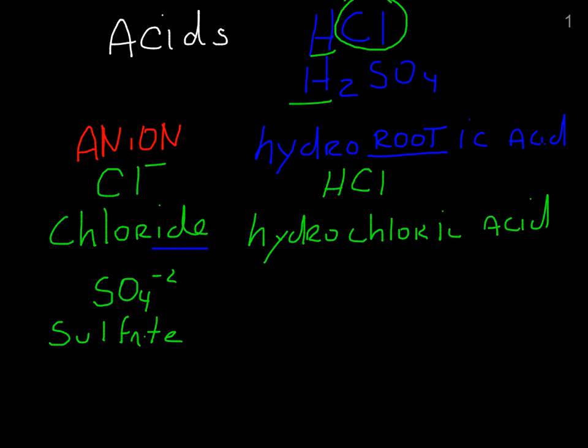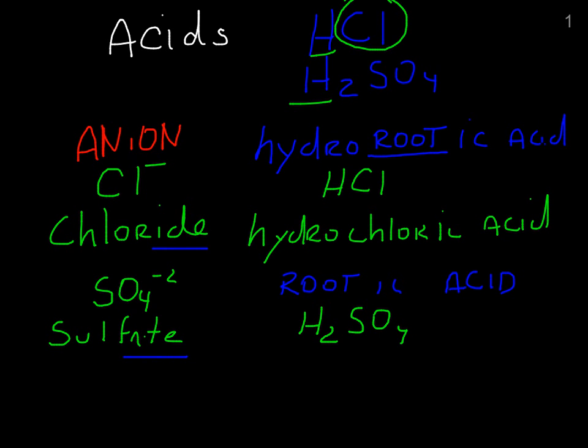Now, if the anion happens to end in an ATE ending, for example sulfate, the acid that I would come out with is going to be sulfuric acid. So the name is derived from the root of the anion, which in this case is a polyatomic anion ending in ATE, followed by ic acid. The acid that I want to name is H2SO4.